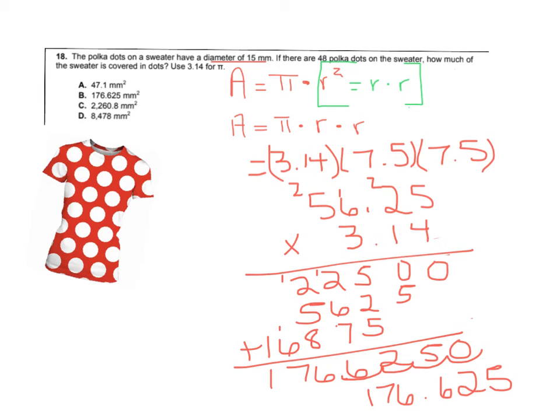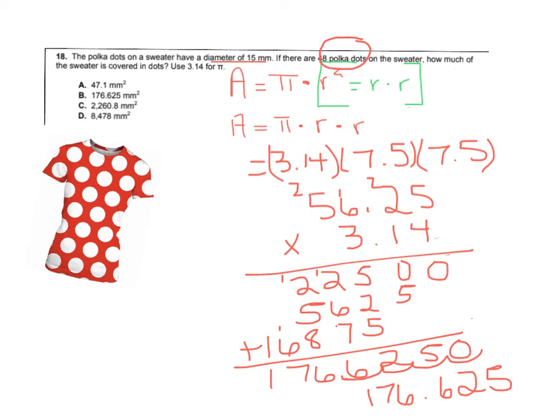Okay, so going back to the problem, it did tell us that there were 48 polka dots on the sweater. So we now need to take the 176 and 625 thousandths, because that equals the area of one polka dot. Multiply that times 48 to get the area of all 48 polka dots on the sweater.